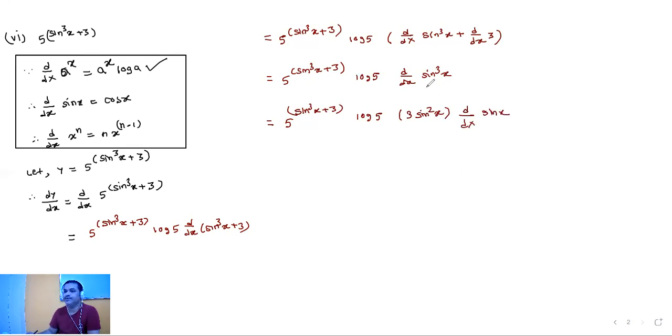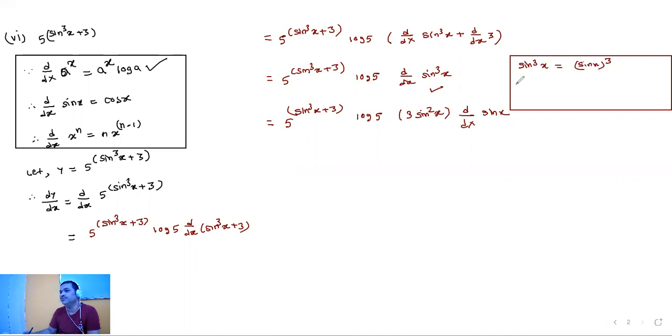Here I will write a particular note for this part. Sine cube of x we can certainly write as sine x the whole cube.